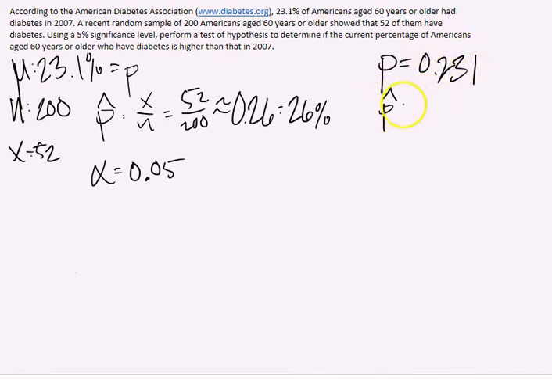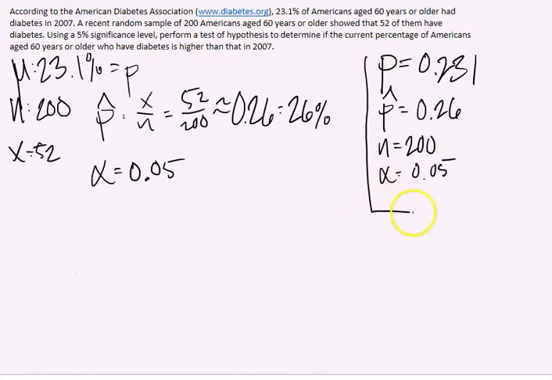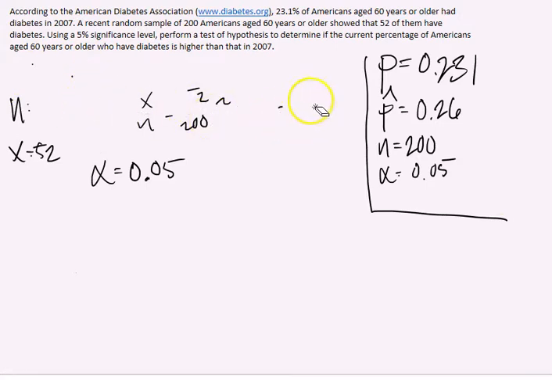My P hat is 0.26. I have my N value, which will come in handy later, and my alpha, 0.05. So this is the useful information. I'll try my best to keep this here, although I'm limited on space. So I'll try to not erase this as I erase other things.